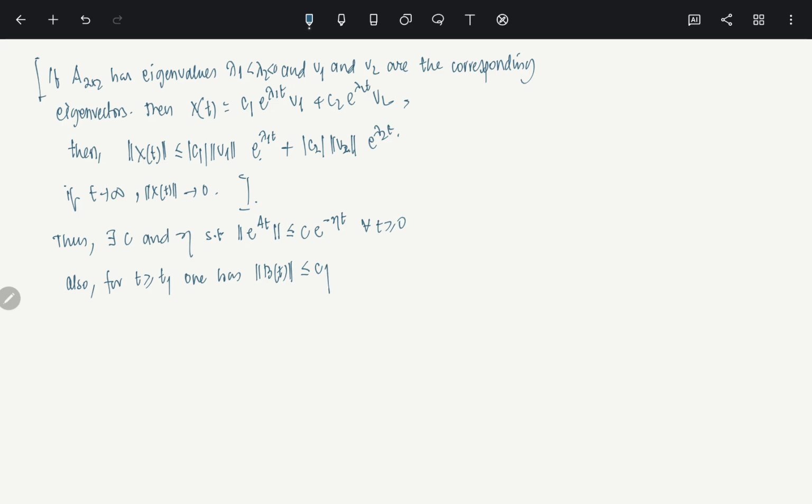Since the norm of B of t goes to 0, for sufficiently large t it has to be bounded. Therefore, for all t greater than or equal to t1, we have the norm of x of t bounded by c times e to the power minus delta times t.